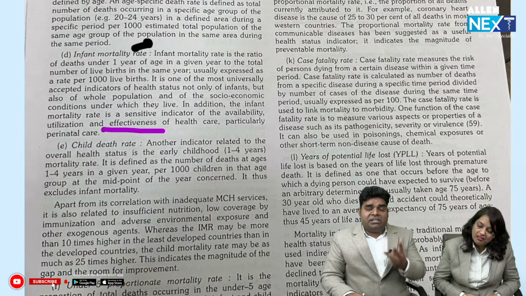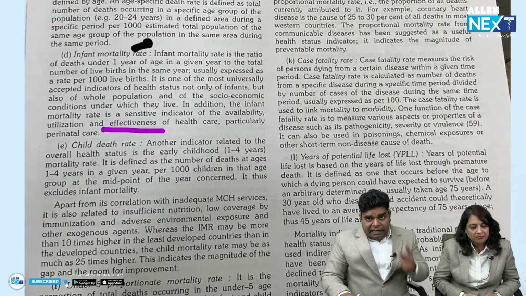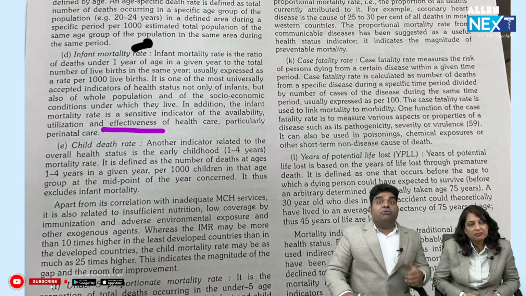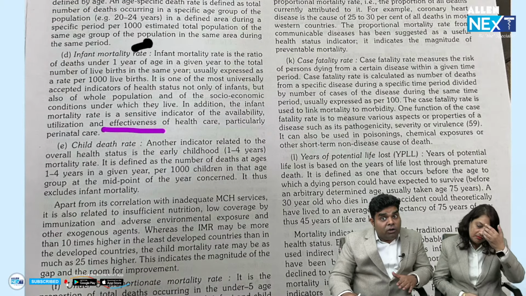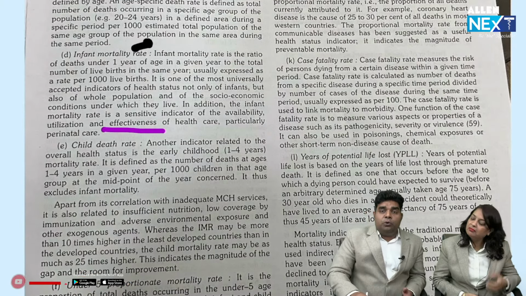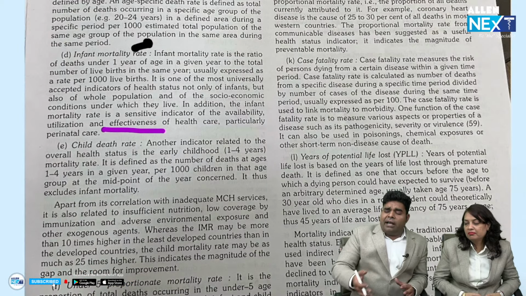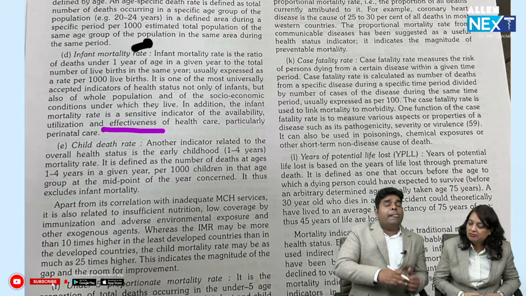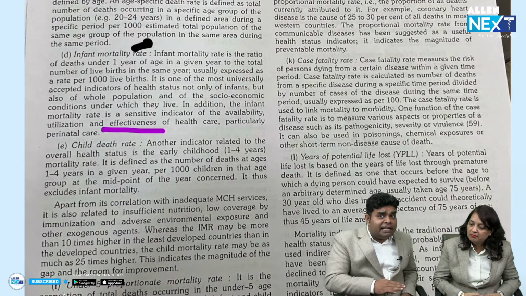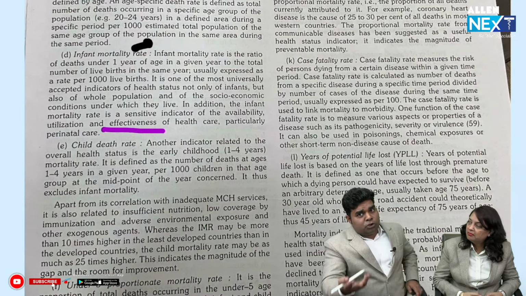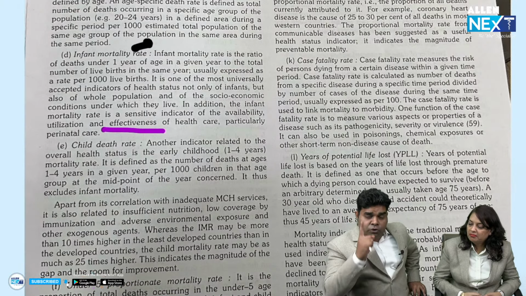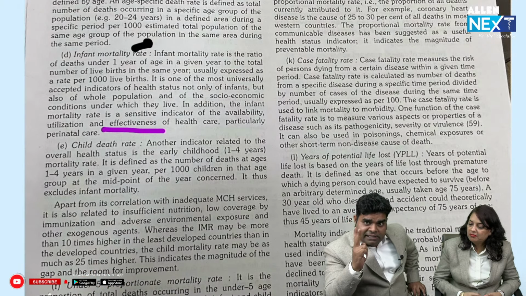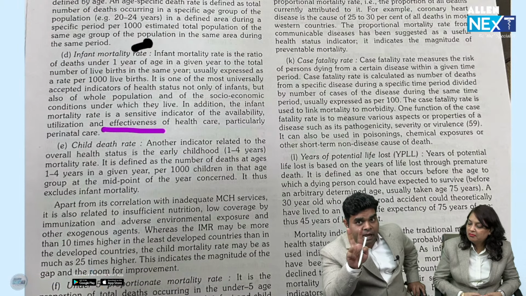If they ask the best indicator of the health system of a country, IMR. The best indicator of female condition in that country is also IMR, because infants are mostly dying due to premature delivery. If females are malnourished, then they will deliver the baby before 37 weeks, and that is the most common reason of death, premature delivery. So female condition, health system effectiveness, impact of ASHA work, all three are represented by IMR.